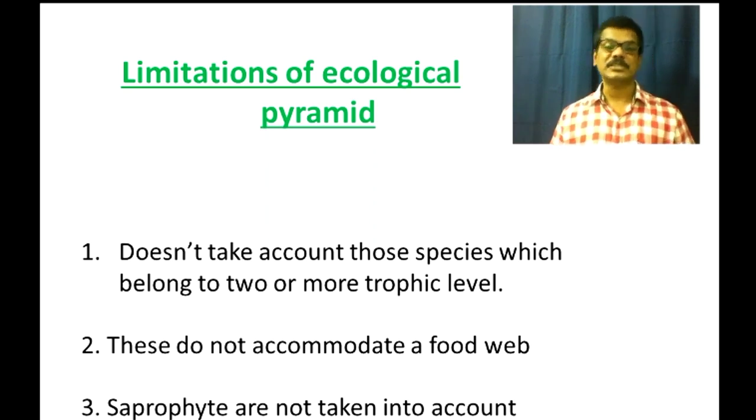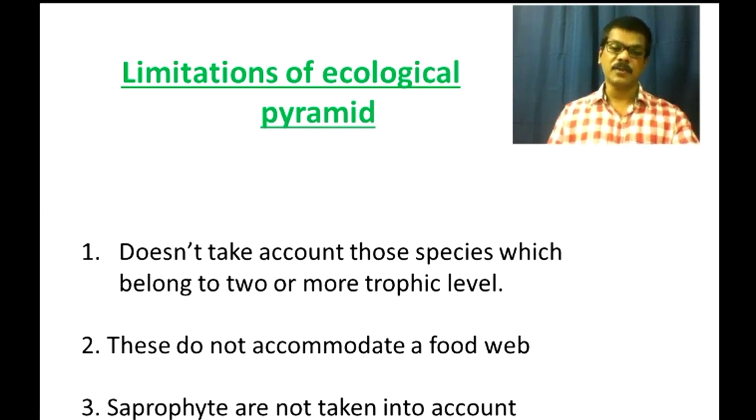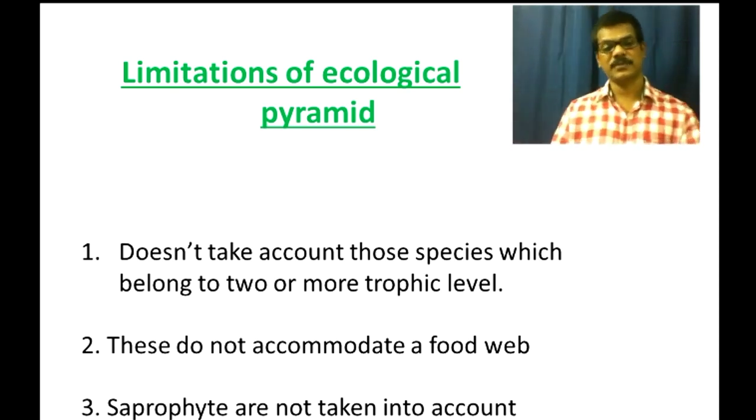However, when we construct an ecological pyramid, these decomposers or saprophytes are not taken into account. Thereby, we are not able to depict the complete picture about the biomass and the number of organisms as well as the amount of energy flowing through the system. That becomes an important limitation of ecological pyramids.